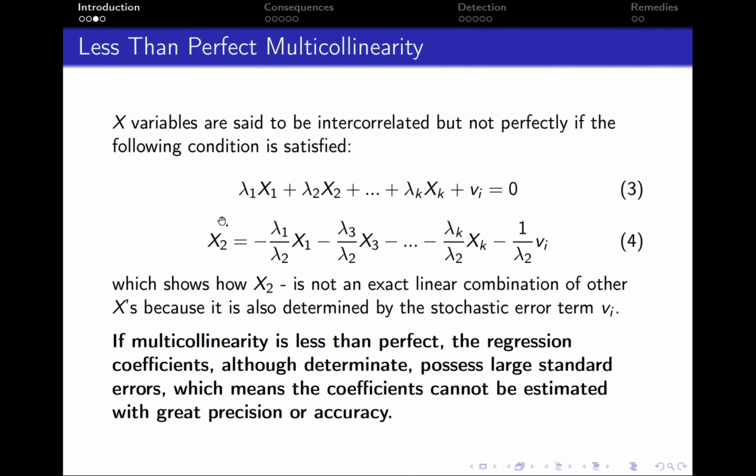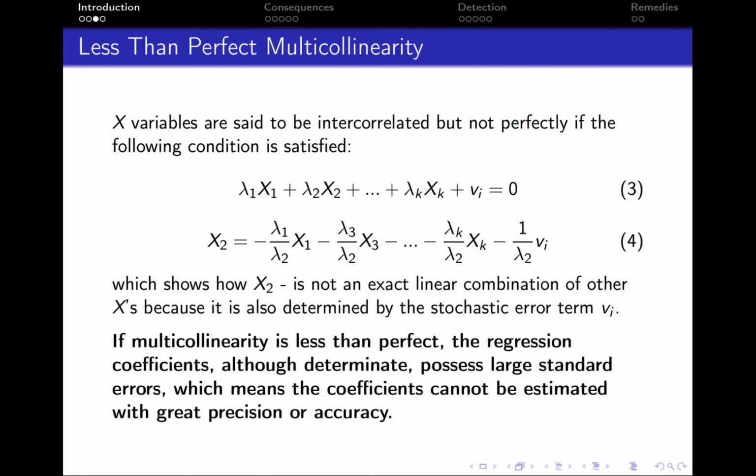So therefore, from these two equations, we get that x2 is not an exact linear combination of other x's because it is also determined by the error term. And this is the case of less than perfect or non-perfect multicollinearity.